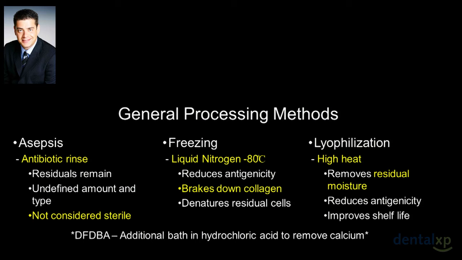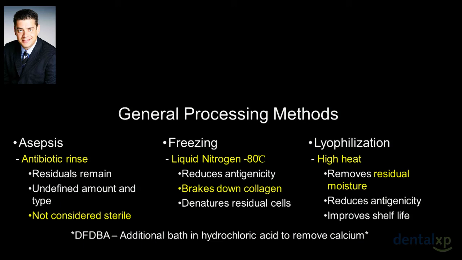And then the lyophilization process, which is not so closely related to sintering because the temperature is a little bit lower than that, but still really high heat. That is basically done to remove all the residual moisture within the particles. And that allows for reduced immune response by the host, as well as improved shelf life.